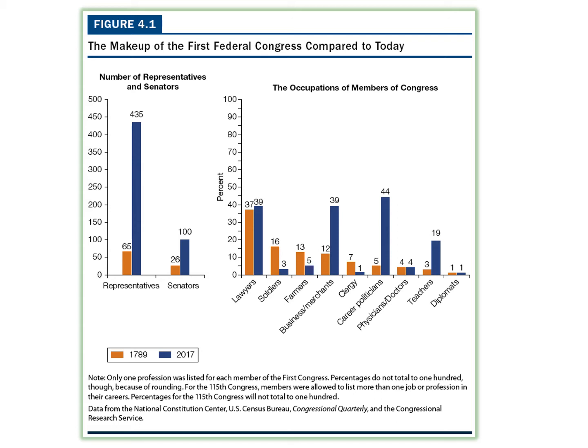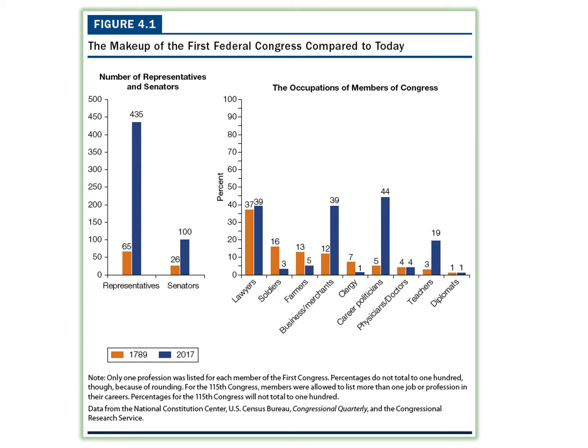All right, so you can see here that there's a couple professions that are pretty similar today in terms of representation as they were in 1789, like lawyers, diplomats, doctors.